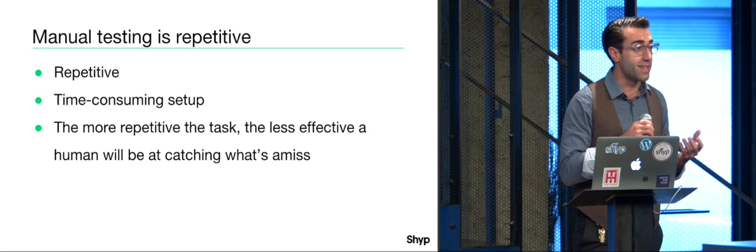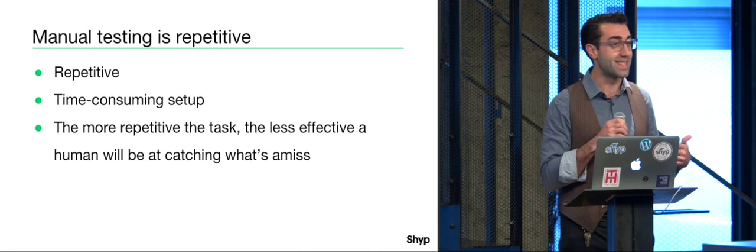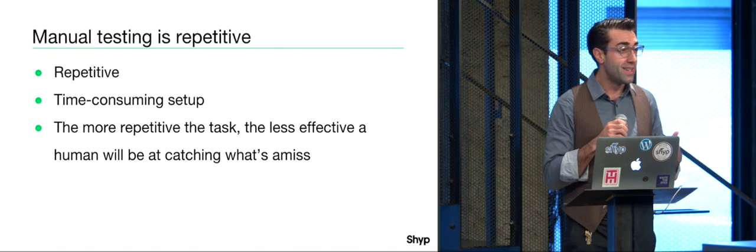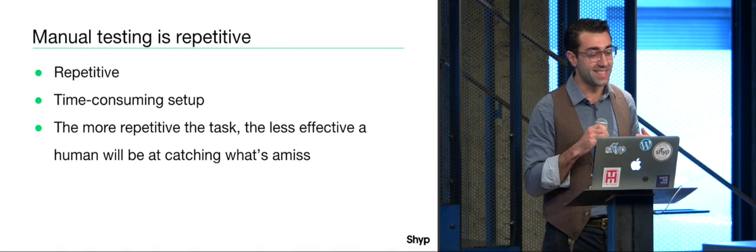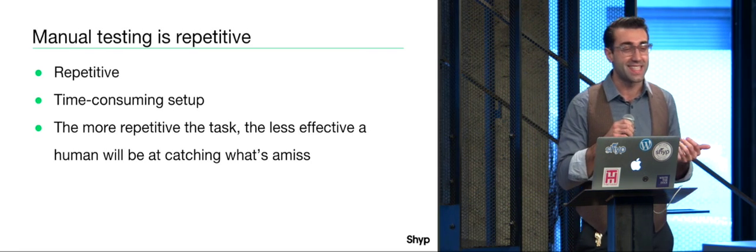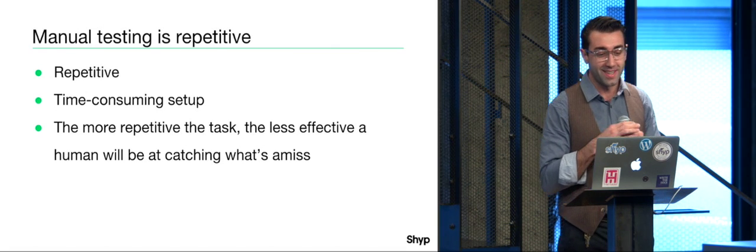And manual testing is very repetitive, tapping the same buttons over and over again. It's often really time-consuming to set up certain states, and the more repetitive the task, the easier it is for the person who's testing to lose track of what's going on or miss really important things.